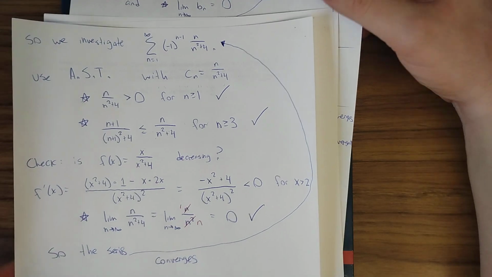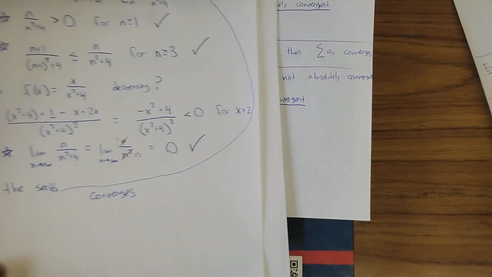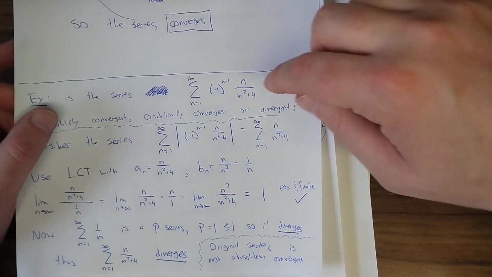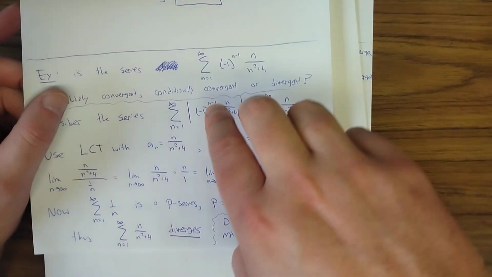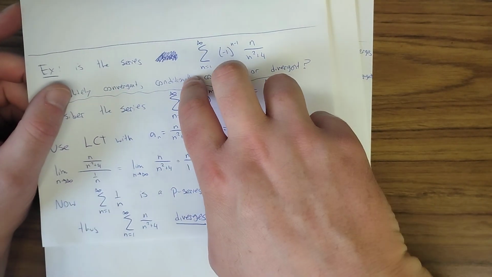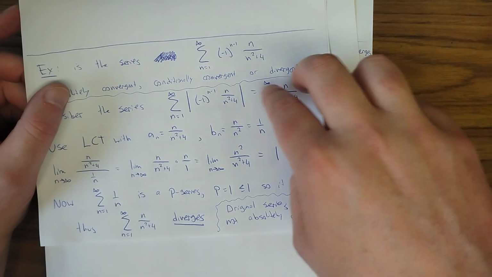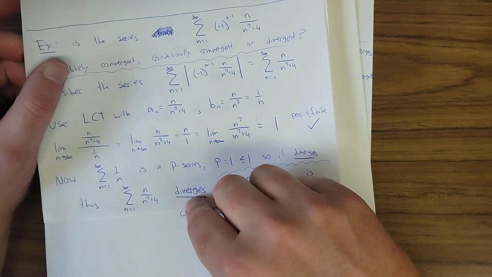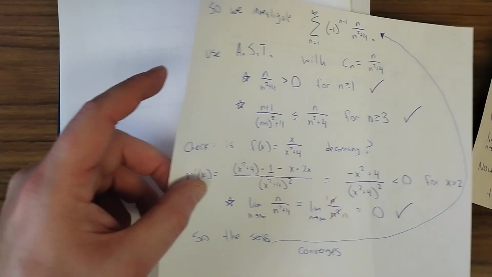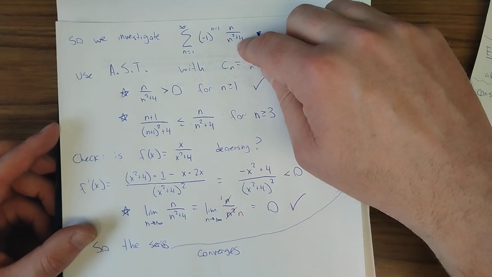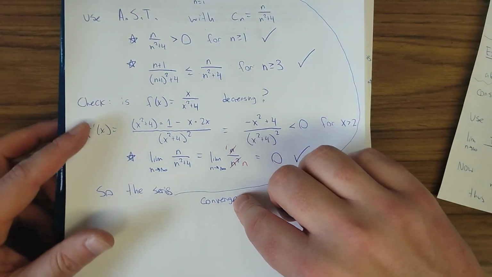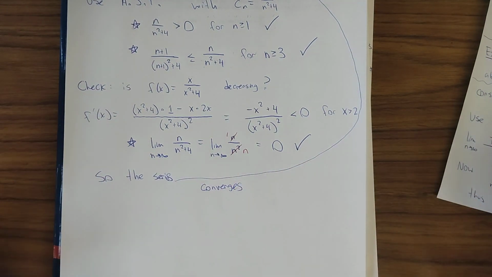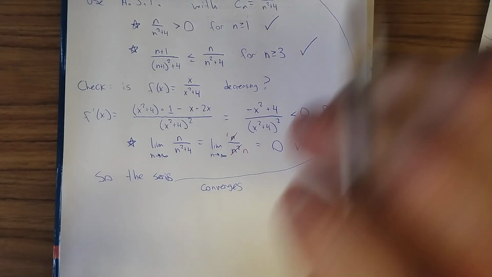Because if you think about the problem that we're doing, there are multiple series: there's the original series, there's the first one that we considered, the one that has absolute values, and that one diverged, and then we said, okay, now we need to consider the original series again, and that one converged. So I need to be careful, to be clear what I mean when I say the series converges. I need to say which one I'm talking about.